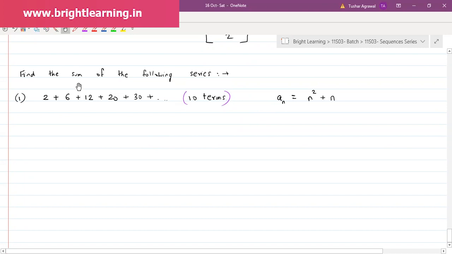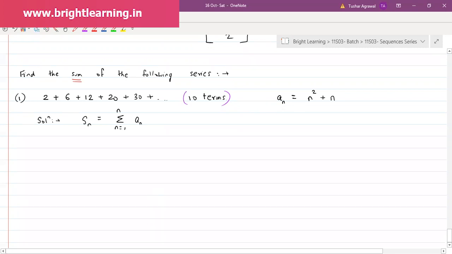First question I will solve for you. If you want to calculate this sum, there is no standard formula, but the method is very easy. You have asked me to calculate the sum of the sequence, so Sn is the sum of An, where n varies from the first term to the nth term.